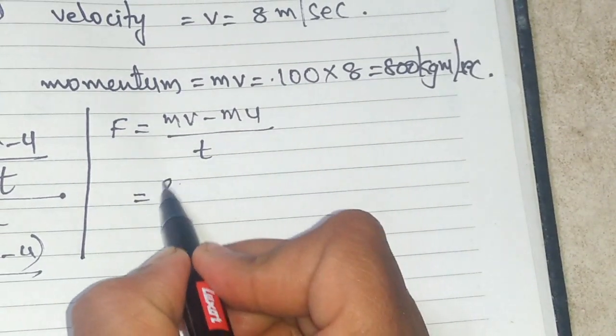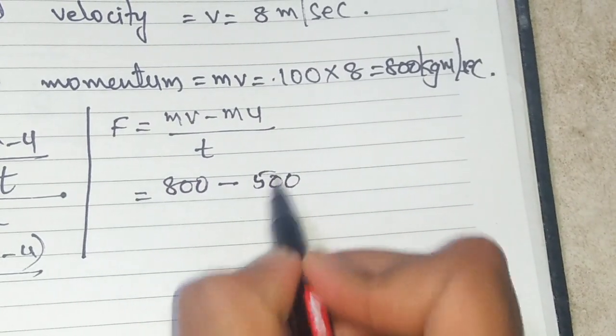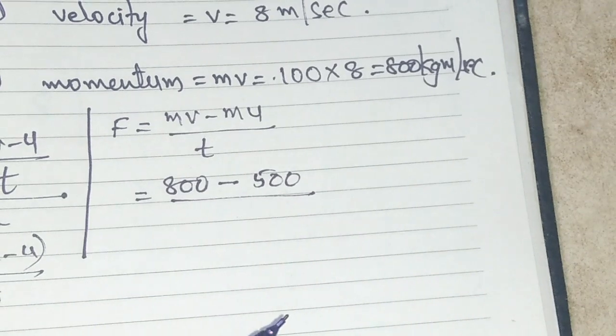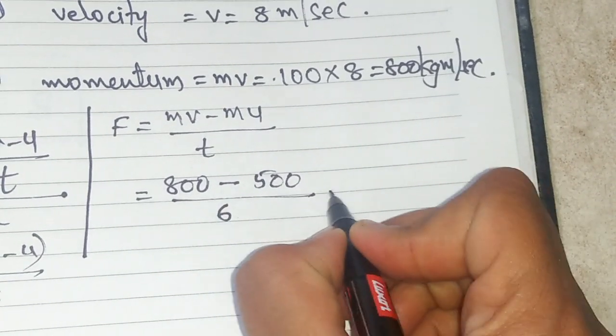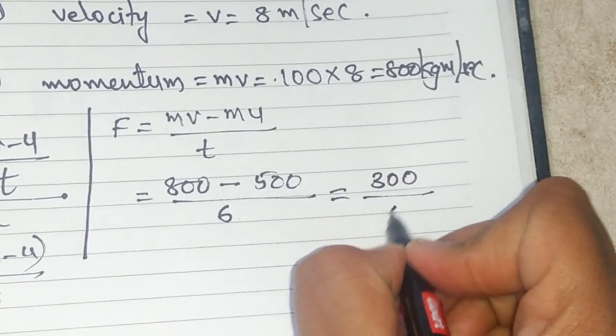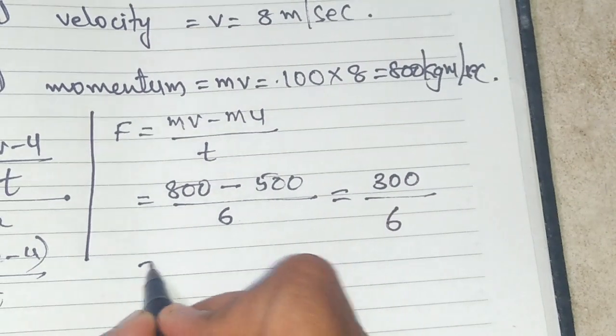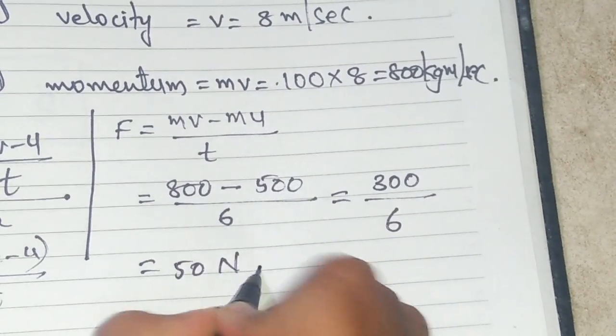What is mv here? 800. What is mu here? 500, divided by the time given, 6 seconds. So 800 minus 500, what is the value you are going to get? 300 divided by 6. Is there any minus sign? That also you check, children. There is no minus sign.